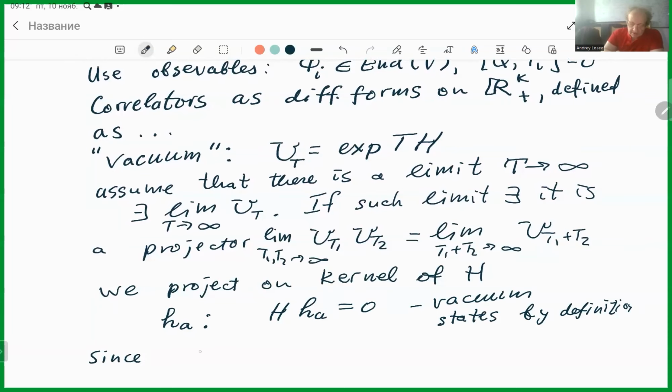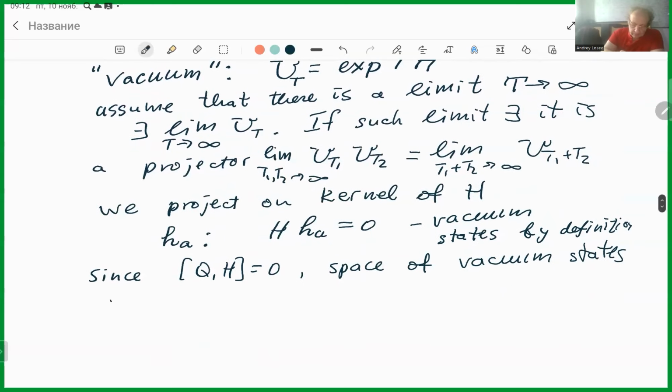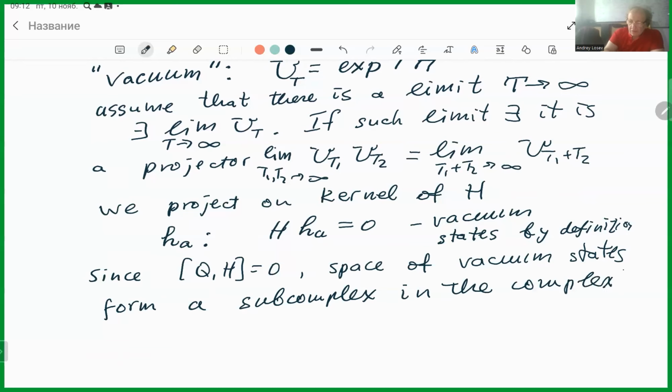Now, since Q H equals 0, the space of vacuum states forms a subcomplex in the complex V.